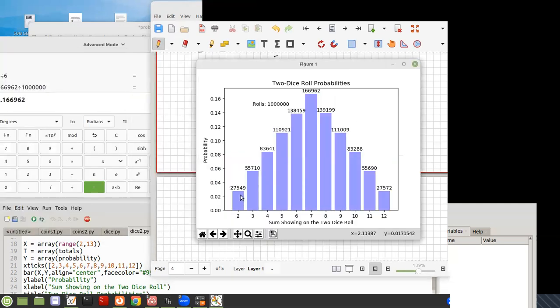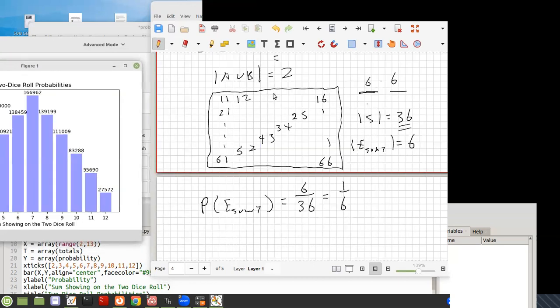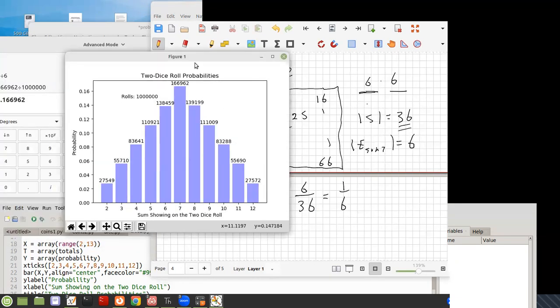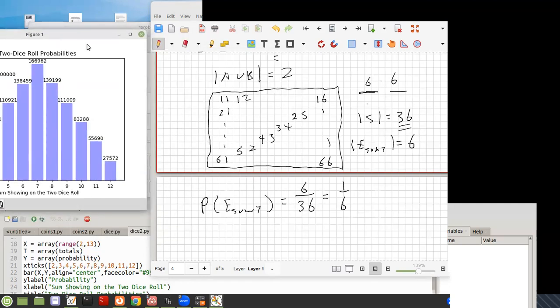The long diagonal of this square was the ones that add to 7, and they're going to have the most number of outcomes in the event. So it gives a way to understand the statistics and predict it.